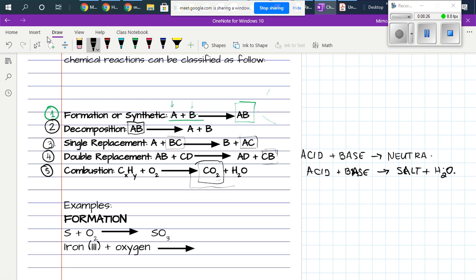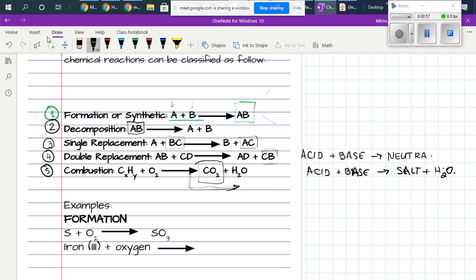The product of the combustion of a hydrocarbon compound is always carbon dioxide and water, except in the cases when we are dealing with incomplete combustion, where we see carbon monoxide and water. And carbon monoxide, as you know, is very dangerous for our health.